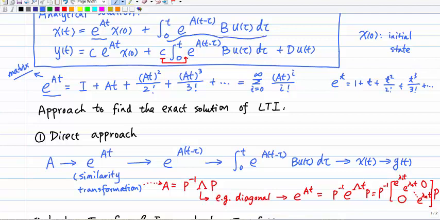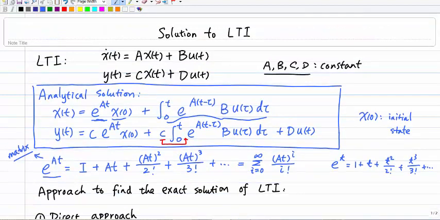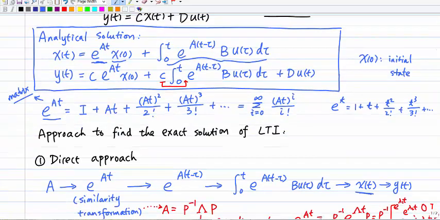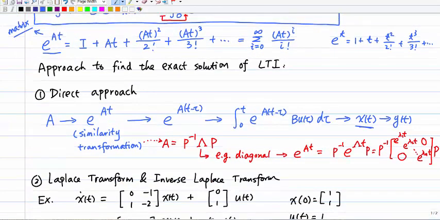Then you can figure out the solution x(t), because you already figured out this term and, if you know the initial condition, this one too. Once you figure out x(t), you can plug into y(t) = C x(t) + D u(t) and find the solution. So that's how you find the exact solution to the linear time invariant system using the direct approach.